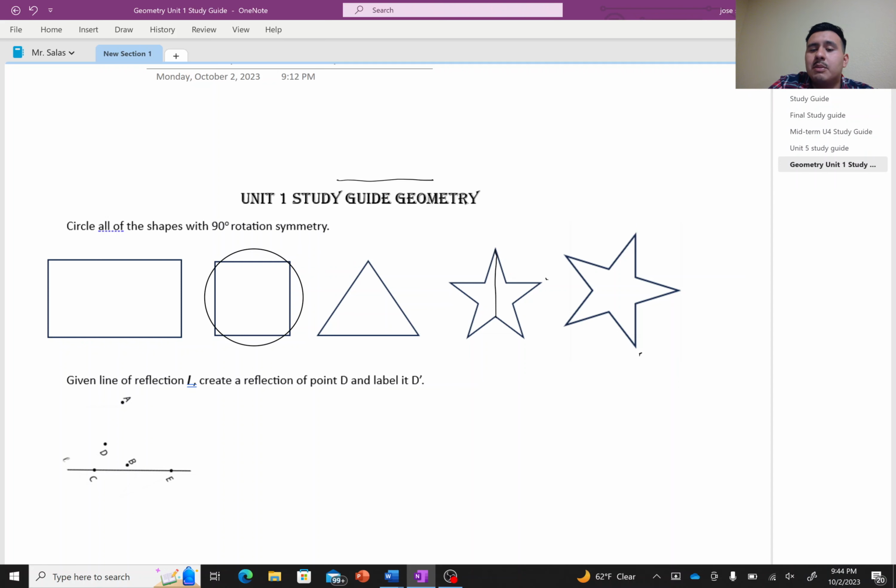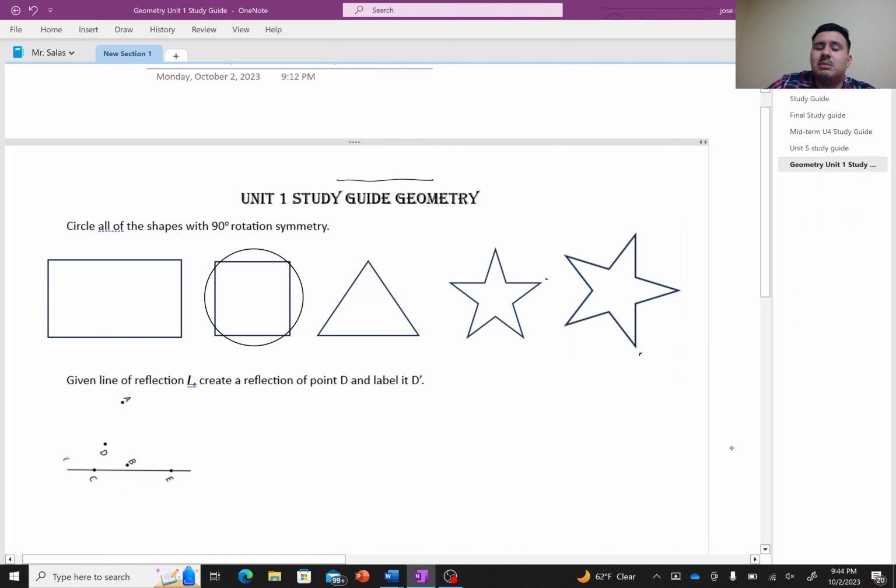So if I'm cutting it from top to bottom, is this side the same as this side? Nope, it is not. So a star does not have rotation symmetry.